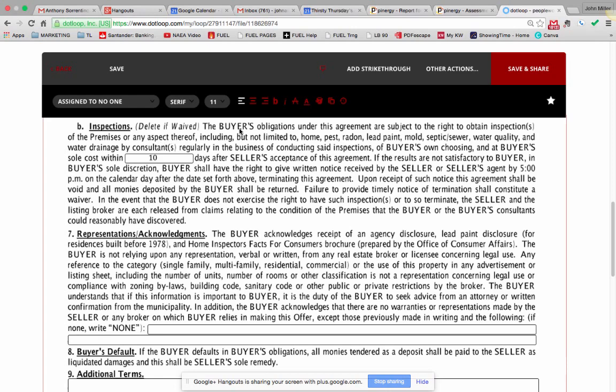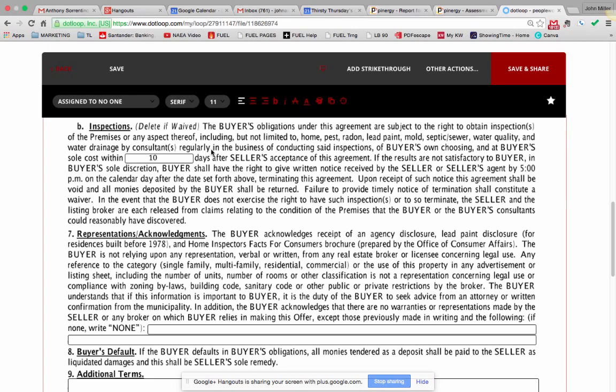The buyer's obligations under this agreement are subject to the right to obtain inspections of the premises or any aspect thereof, including but not limited to home, look at this, home, pest, radon, lead paint, mold, septic, sewer, water quality, and water drainage by consultants regularly in the business of conducting said inspections.